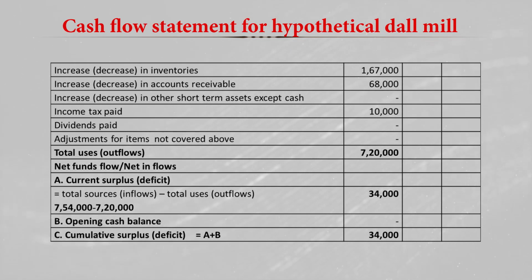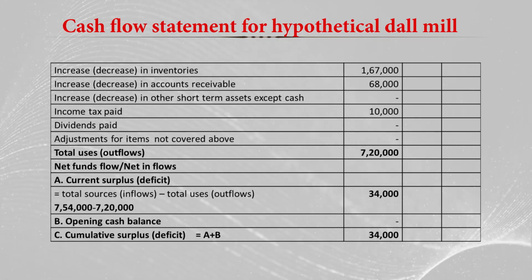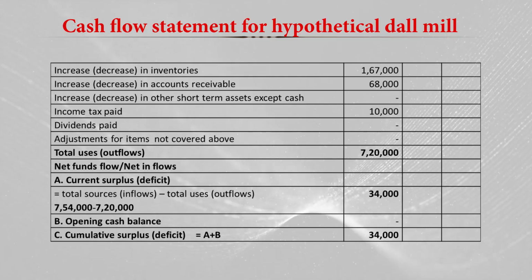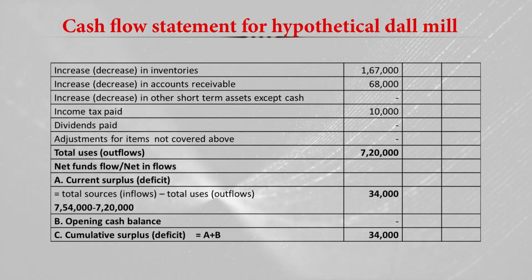So here total fund received was 7,54,000, and total outflow or total use of the funds was 7,20,000. So the total cash surplus or current surplus is 64,000. And the opening cash balance we are assuming here nil. So the cumulative surplus of the company is basically 34,000.